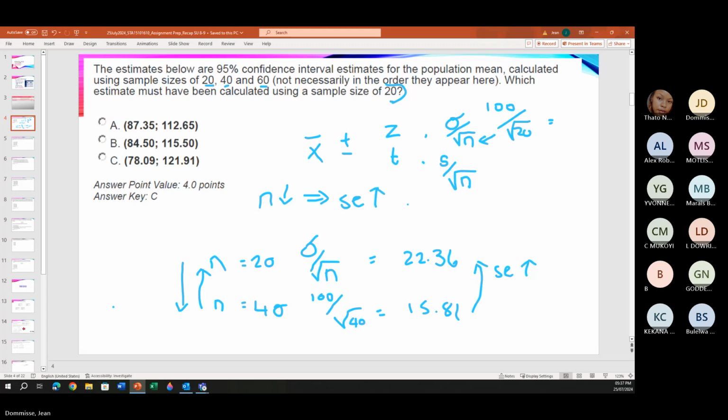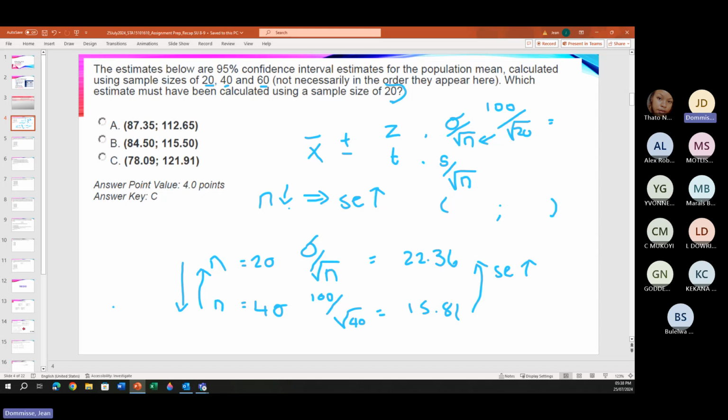Okay, that means as standard error becomes bigger, the interval that we're going to work with will be bigger. So the one that has the biggest difference between the minimum and the maximum will be the one that has the smallest sample.